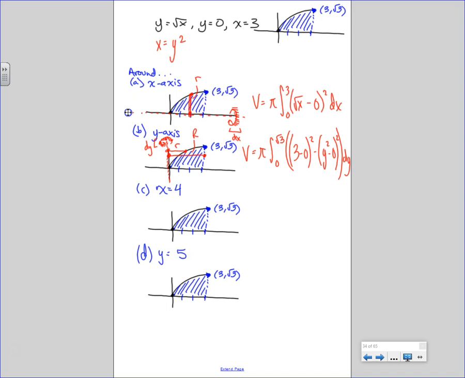You have to get everything in there properly. Get the y squared, not the square root. Get the 0 to root 3, not the 0 to 3. You associate everything. When you go to your calculator, you can do alpha y if you want, but you can just use the x button too. It doesn't make a difference as long as you have properly set up your integral so that the bounds match the expressions, match the differential, and match the axis of revolution.